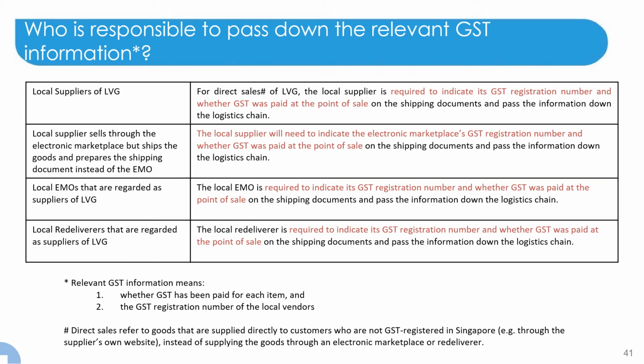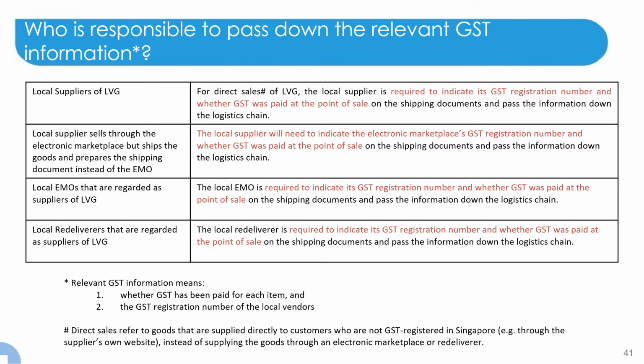We have summarized the responsibilities of each party in this slide. For local suppliers that make direct sales of LPG, the local supplier is required to indicate its GST registration number and whether GST was paid at the point of sale on the shipping documents and pass the information down the logistics chain.